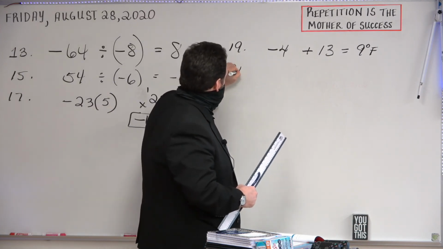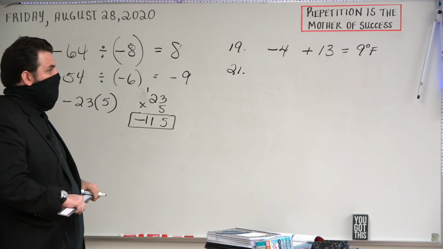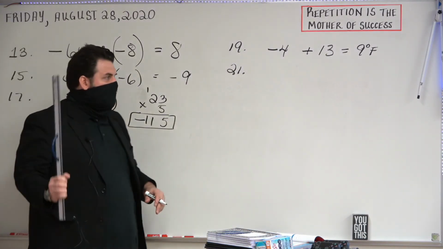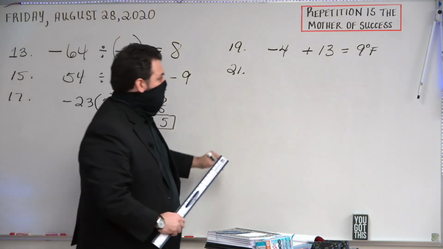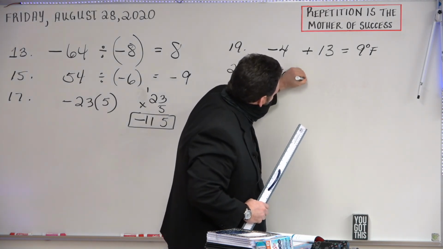Number 21, movies. A movie theater gave out 50 coupons for $3 off each movie. What is the total amount of discounts provided by the theater? What did you get? 150 is correct. So what happened here is there are 50 coupons.